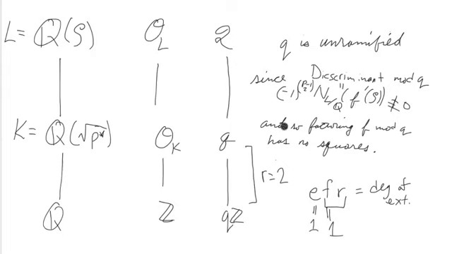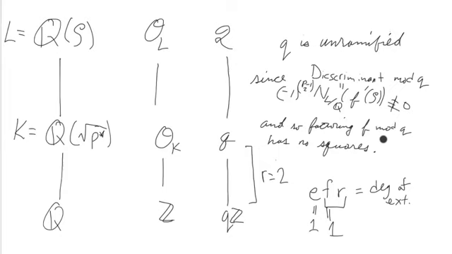It tells us, through a little bit of thought, that if we take the minimal polynomial and mod it out by q and then see how it factors, when we take the derivative and plug in a root of f, it will be non-zero, which means that f mod q has no square factors.